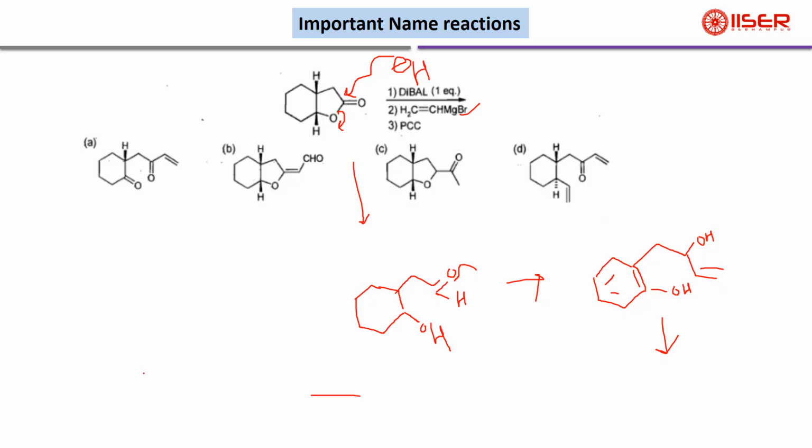Sorry, this is not aromatic. If there is any alpha hydrogen available, in case of PCC it can oxidize both. So there is alpha hydrogen here and there is hydrogen here also. So both the alcohols will be oxidized to give ketone. So the correct option is option A.